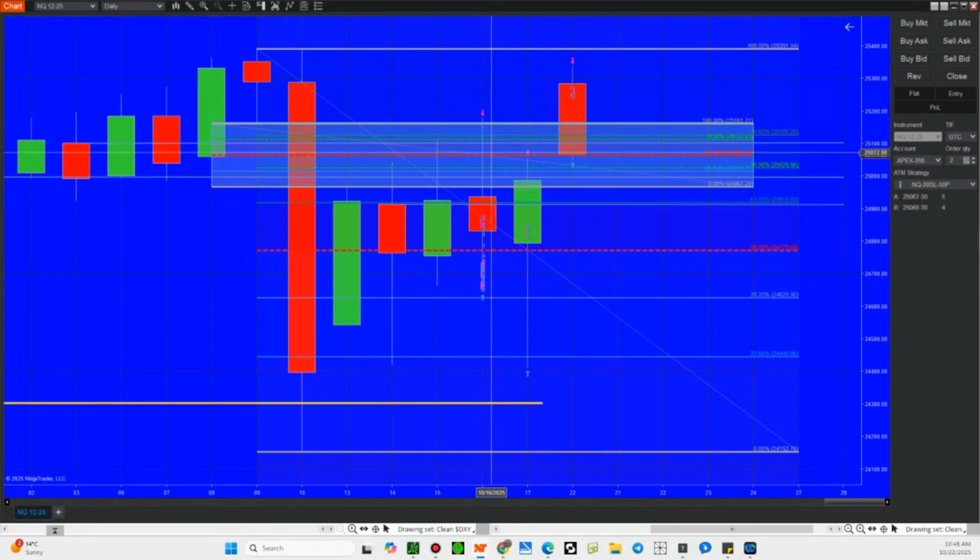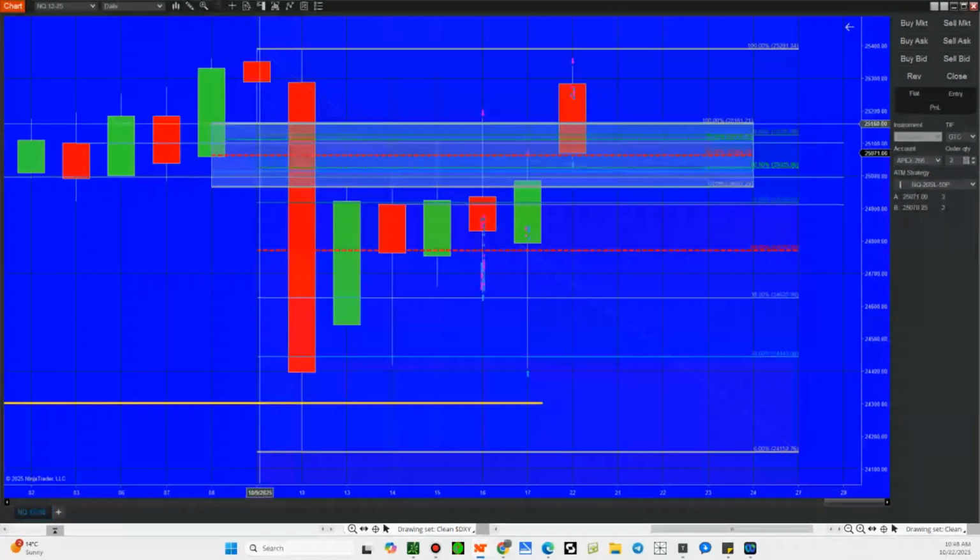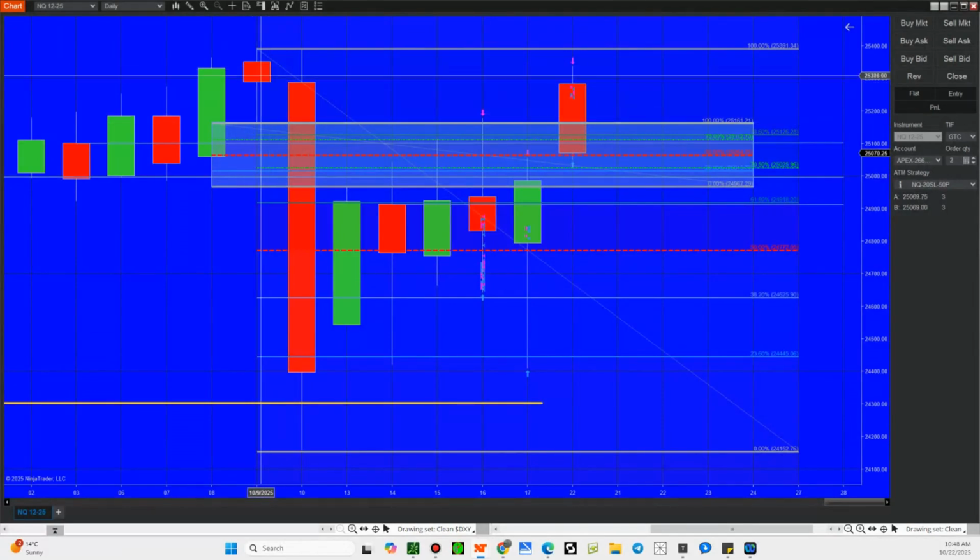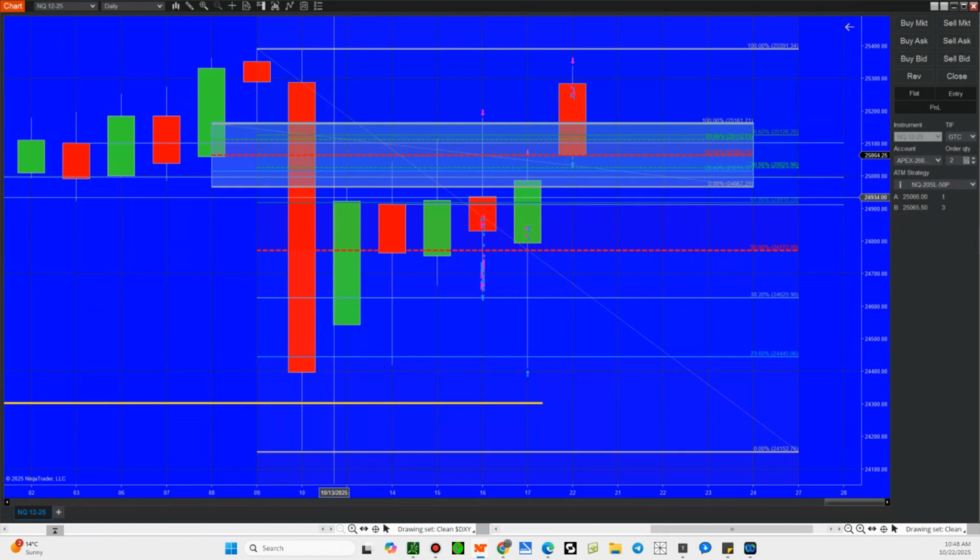Isn't that funny how that works? So the 50% of this entire gap from this week's low to this week's high, that gap we identified here, that 50% is also near that 50% of this week. So everything is fractal. Everything is working.